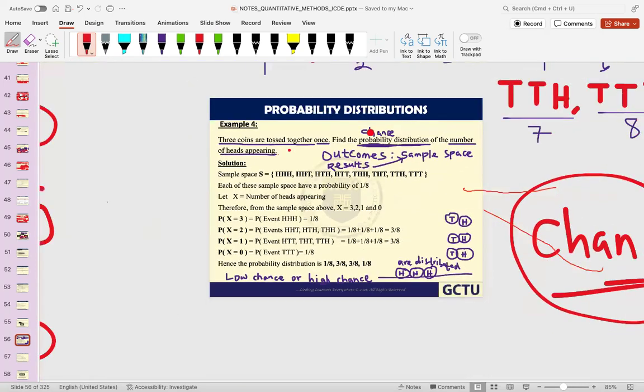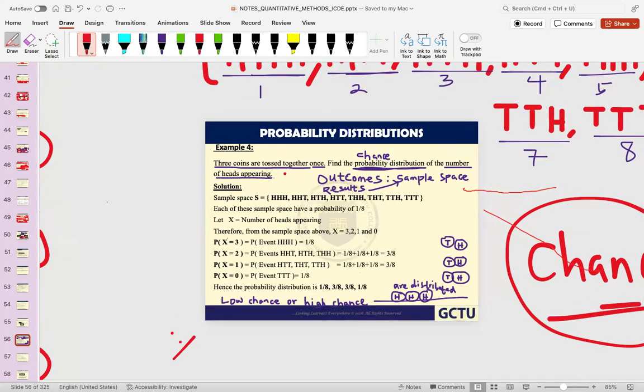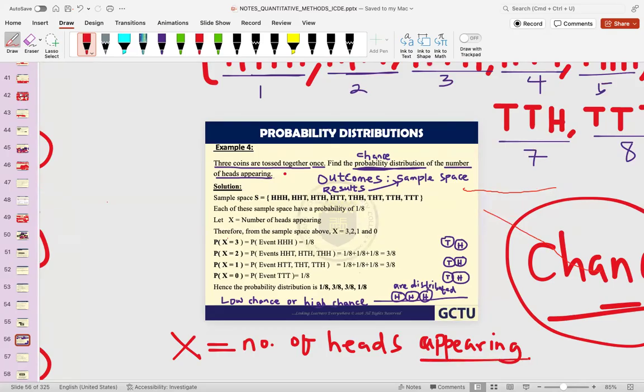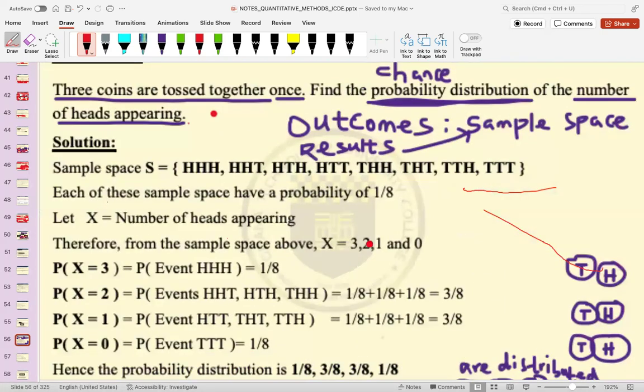You can write that let the X variable represent the number of heads appearing when the coins land on the floor. This is how we go.